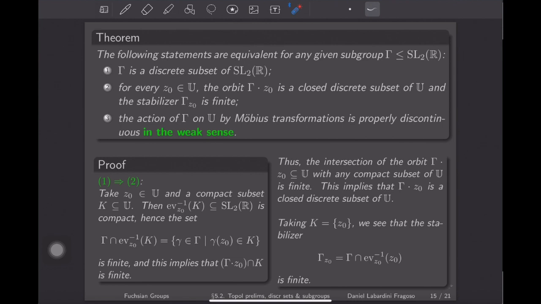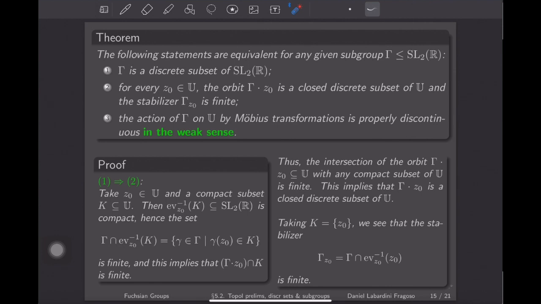So the first equivalence is that one can think in both ways: I want to characterize properly discontinuous actions, either in the strong or weak sense, in terms of some intrinsic topological properties of my subgroups of SL2R, or I want to characterize discreteness in terms of the topological property of the corresponding action of the subgroup of SL2R on U by Mobius transformations. We can think both ways.